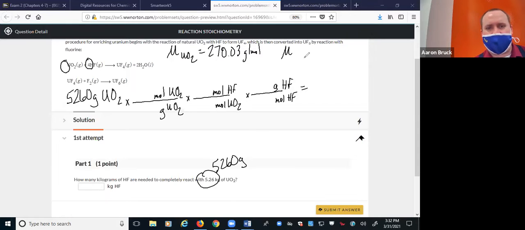Molar mass of HF: hydrogen is 1.01, fluorine is 19. So we're talking 20.01 grams per mole.